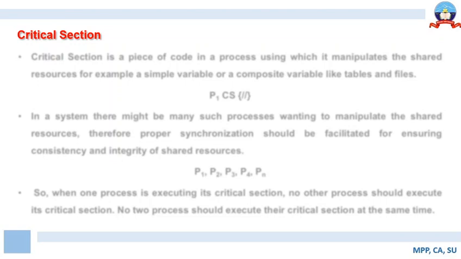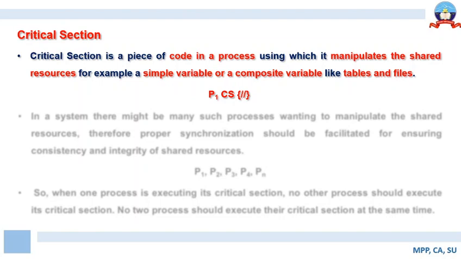Moving ahead, in today's class, we will discuss another important concept in operating system that is called as critical section. Critical section is a piece of code in a business process using which it manipulates the shared resources. Again, I'll repeat it.